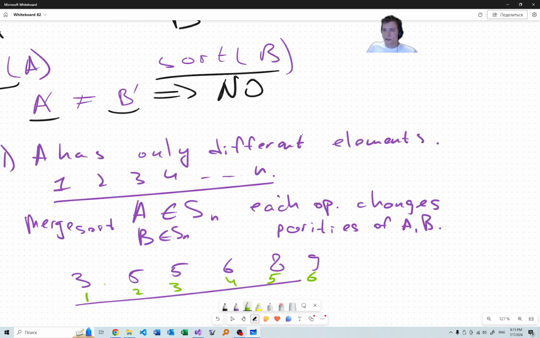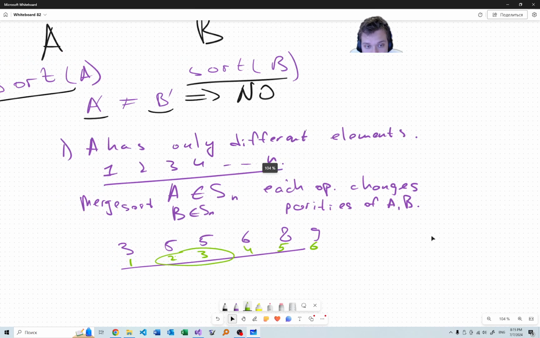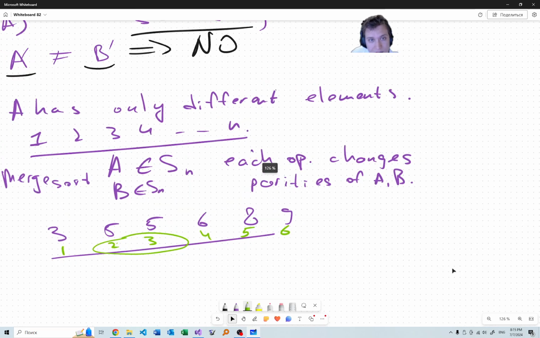So actually, after this, we will have two elements which are the same. We know that they're the same, but we gave them different labels. One of them is labeled with number 2, and the other one is labeled with number 3. Let's still do absolutely the same thing, and do some operations with A and B.